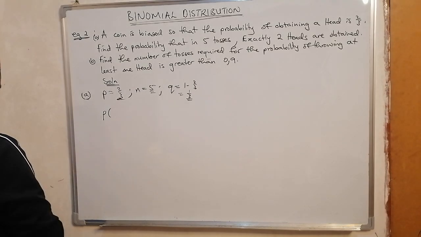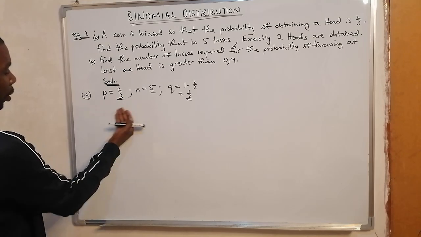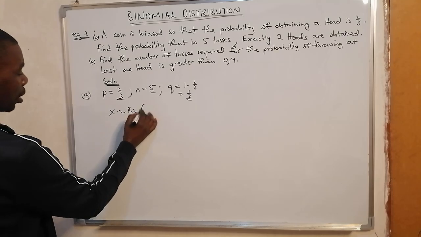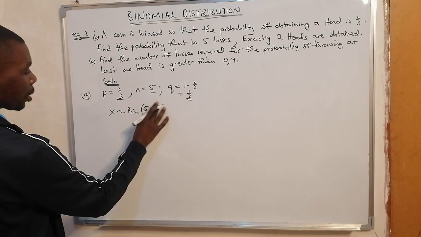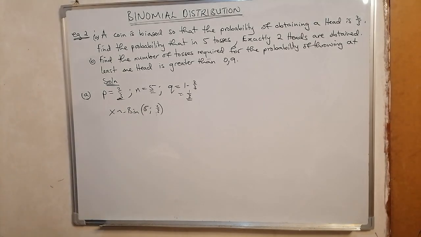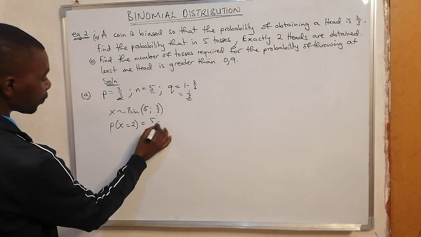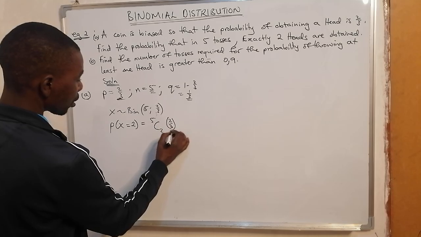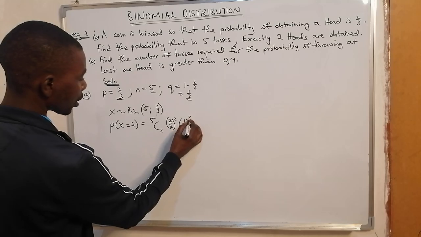Now the first question is saying exactly 2 heads obtained. P of x equals 2, x equals 2. But remember, we have to write the distribution first. X follows binomial distribution with n and p. Our n is 5, our p is 2 over 3. That's the distribution, right? So for P of x equals 2, we have 5 choose 2 times our probability of success 2 over 3 to the power 2, probability of failure 1 over 3 to the power 5 minus 2, we get 3.